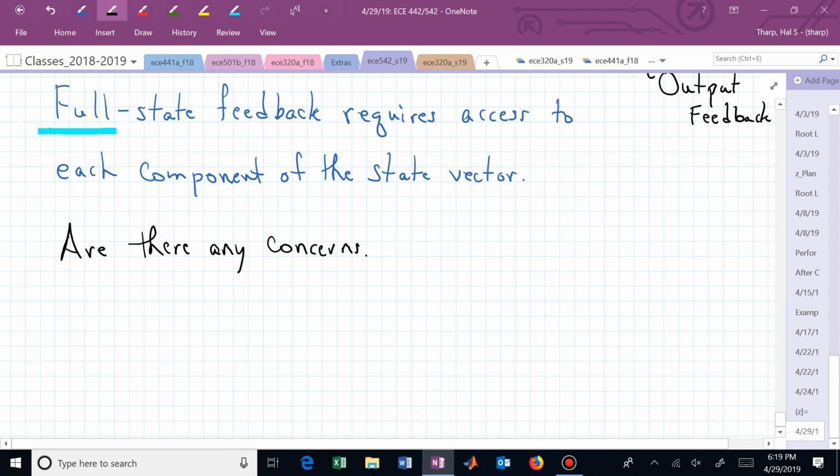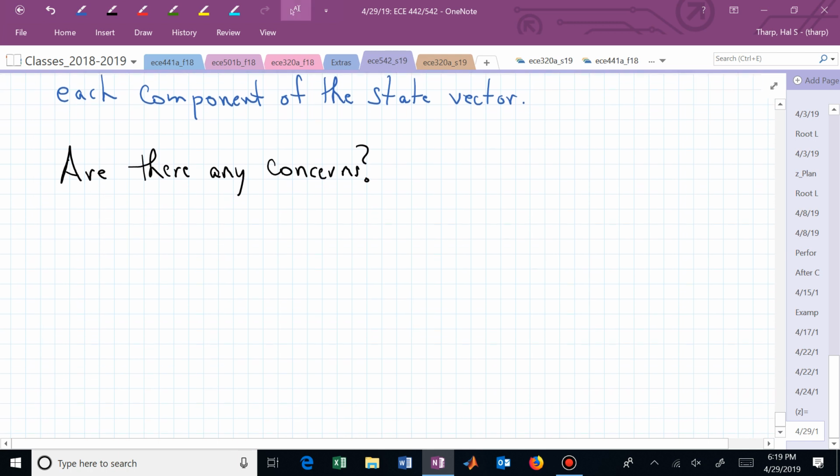But if we throw out that practical necessity, are there any concerns with having the full state feedback vector available? What are we still not really doing?